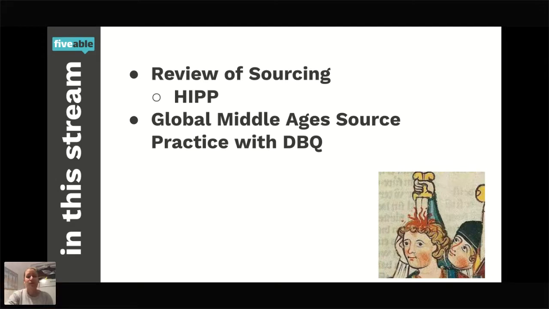And so that's what we mean by sourcing: we're taking a really, really close look at the source of the document, at the person who wrote it, at the time frame and when it was written, if there's any bias in there because of the purpose of the document or the audience of the document, and then what is the author's point of view.